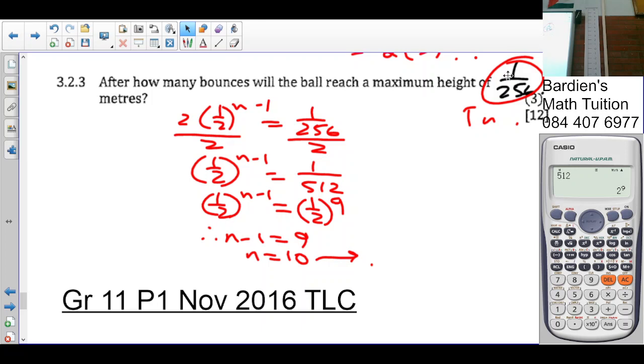Is it 256? Yeah, you see this plus 3 on the memo there. Can you see it next to the sum? So whoever came to that question, I gave 3 marks. I think I made a mistake here somewhere.